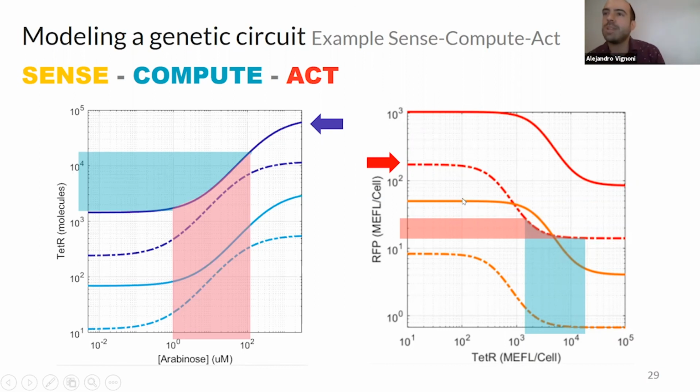So if you compare this one and this one, this was with the B30 RBS and the medium copy number plasmid, and this one is with the strong RBS. Sorry, this is with the low RBS, the B32, and I got messy here. The idea is that in this case, instead of using this one, you will like to use maybe this orange one, which will have a much higher range in the output responding to the initial change in the input.